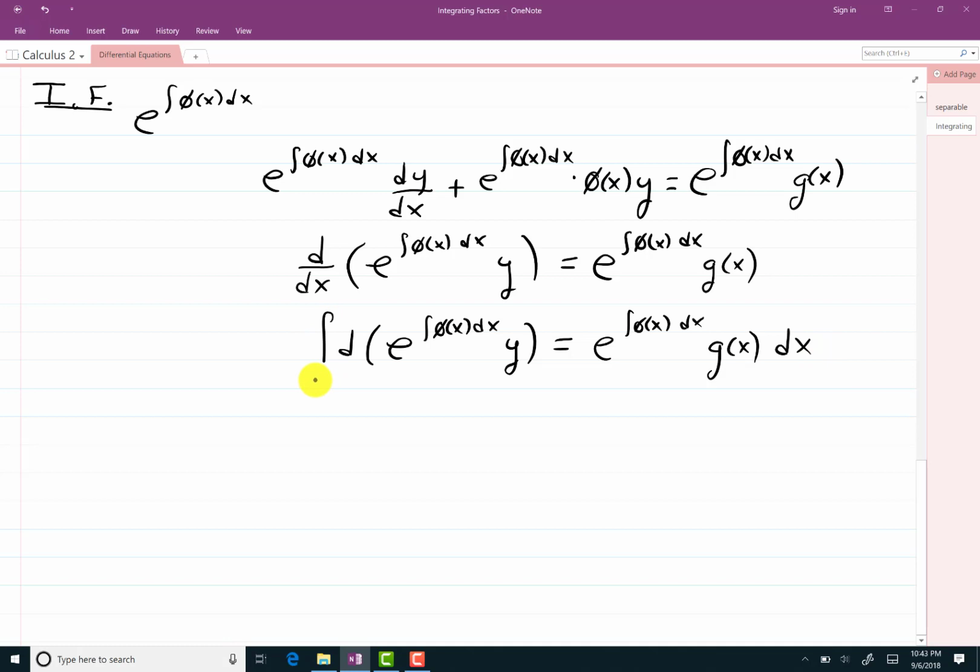And then, of course, I'm going to integrate both sides. The left side is easy enough. The integral and the d will cancel out. Now I'll have e to the integral of phi of x dx times y. The right-hand side, who knows how complicated it can be. I don't even know that I'll be able to do it by hand, but it is all in terms of just x.